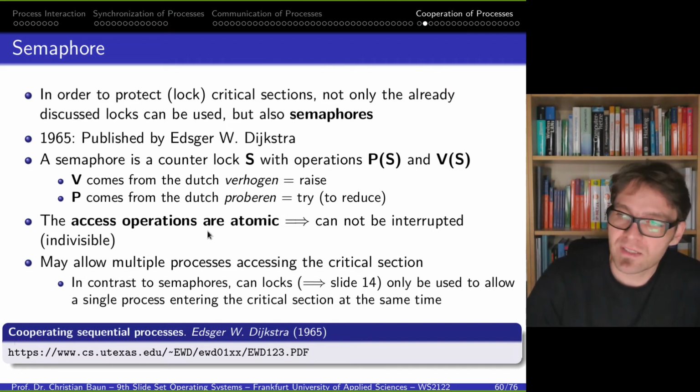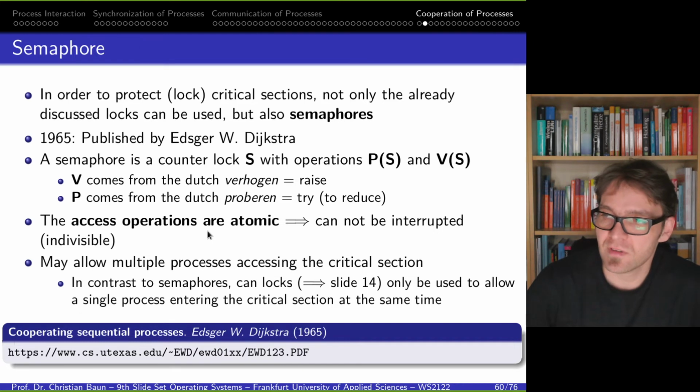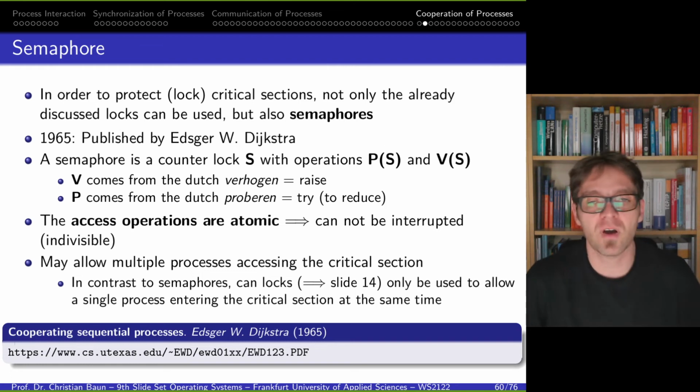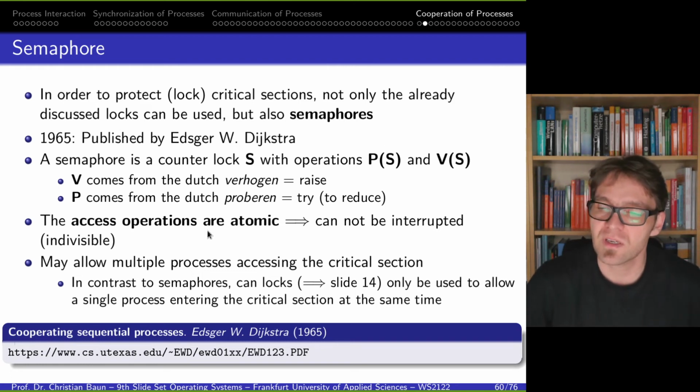The operating system ensures that these operations are atomic, so they cannot be interrupted by other processes. That's a strong precondition so that we can have mutual exclusion.